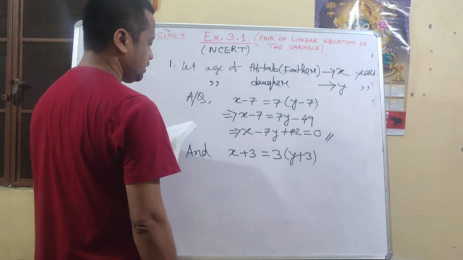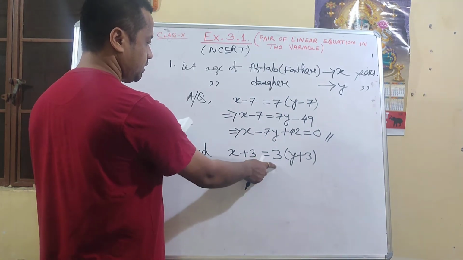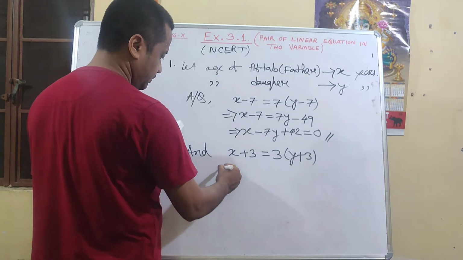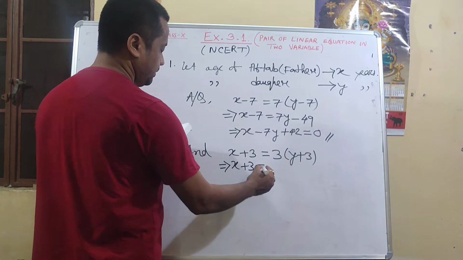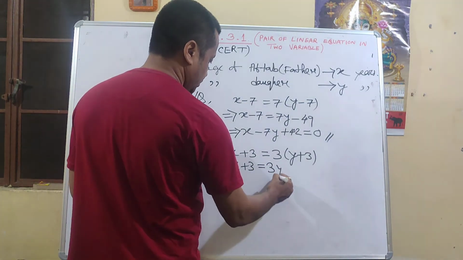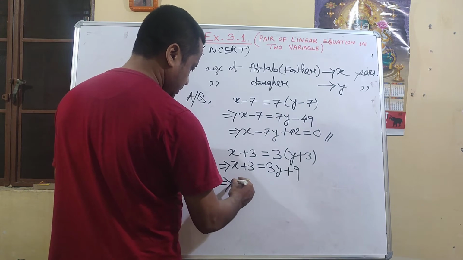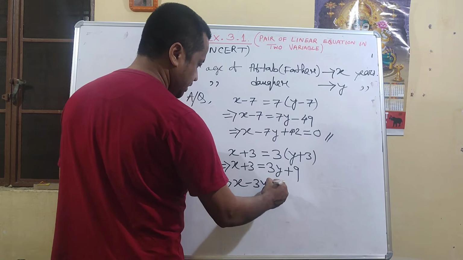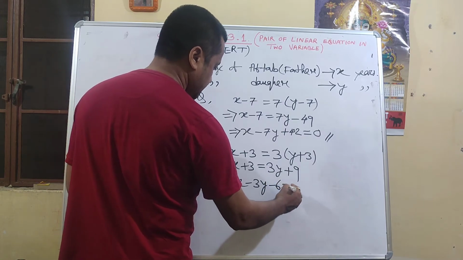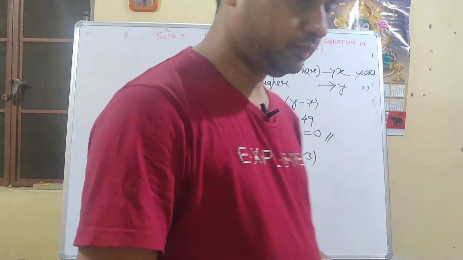According to the question, father's age is 3 times, so x plus 3 is equal to 3 into y plus 3, which implies after simplification 3y plus 9. More simplified, x minus 3y minus 6 is equal to 0. These are the two linear equations.